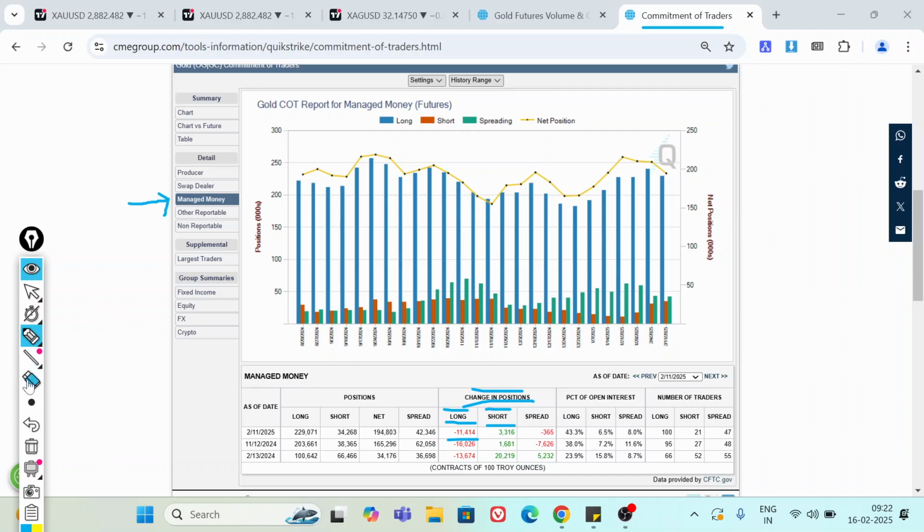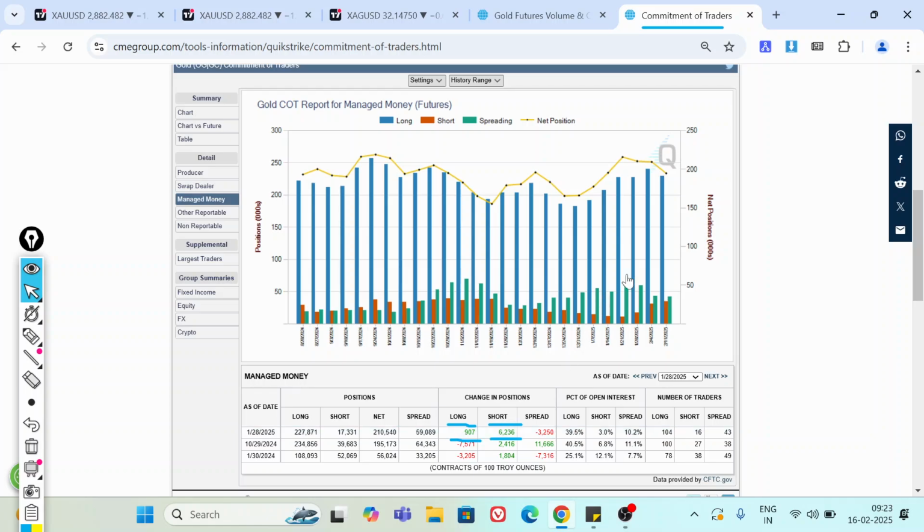Also, if you notice the short positions change, you can see that this time they added positions into the short side. This is an interesting part, because if we check the last 3 weeks of COT reports, let me switch to the previous COT report from here. You can see that in the previous COT report they also added positions into the short side, meaning the sell side, but in that report they were adding into the long side also.